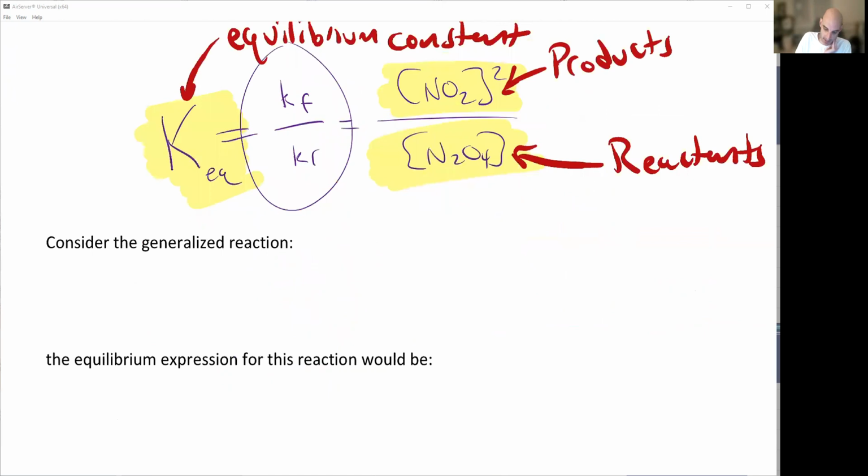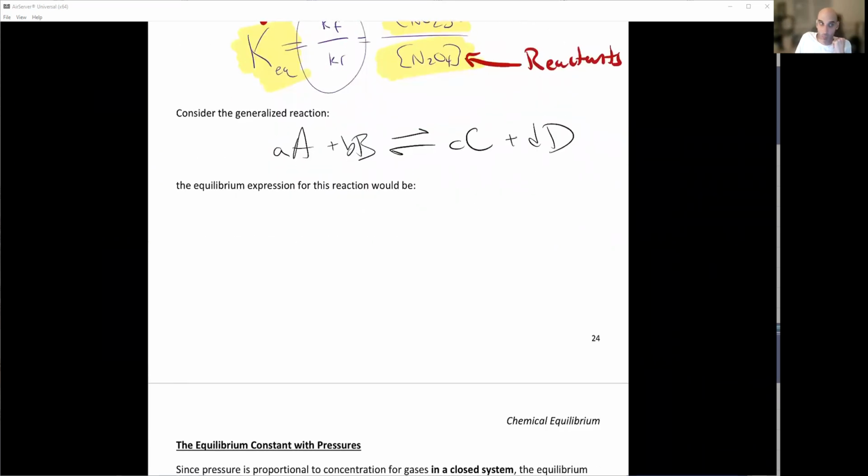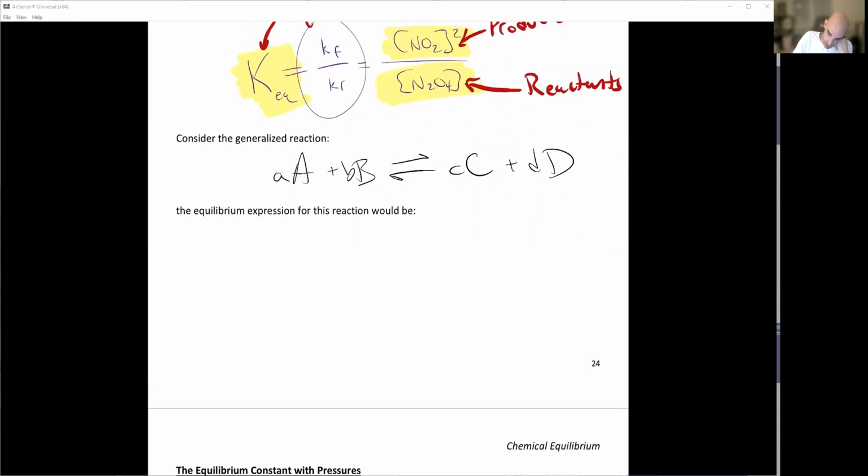So generalizing this, being able to come up with any equilibrium. First of all, an equilibrium expression is going to come from a balanced chemical equation. So this time we actually are going to use a balanced chemical equation. aA plus bB is in equilibrium with cC plus dD. What we can write now is the following.